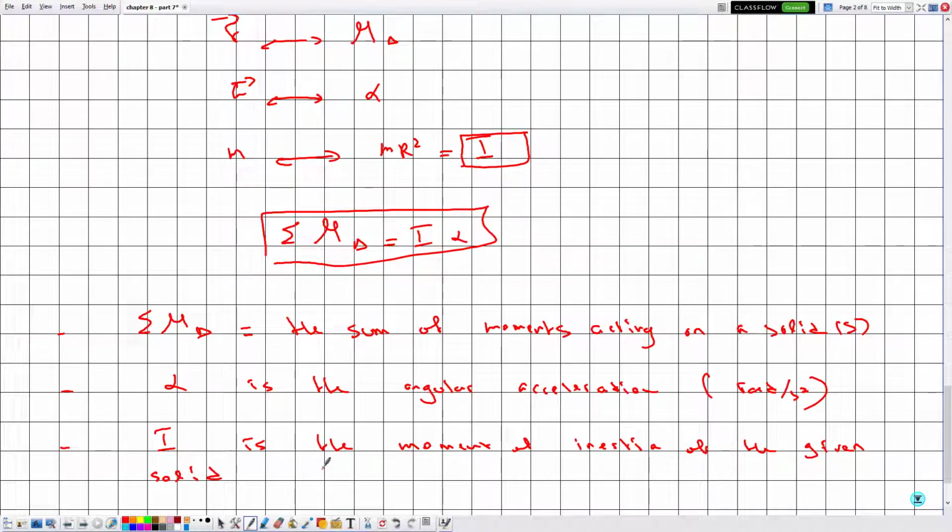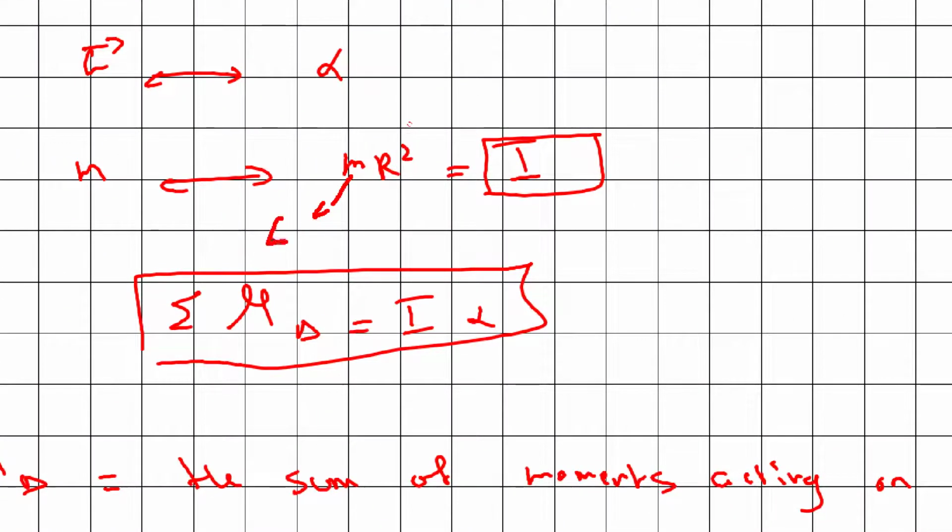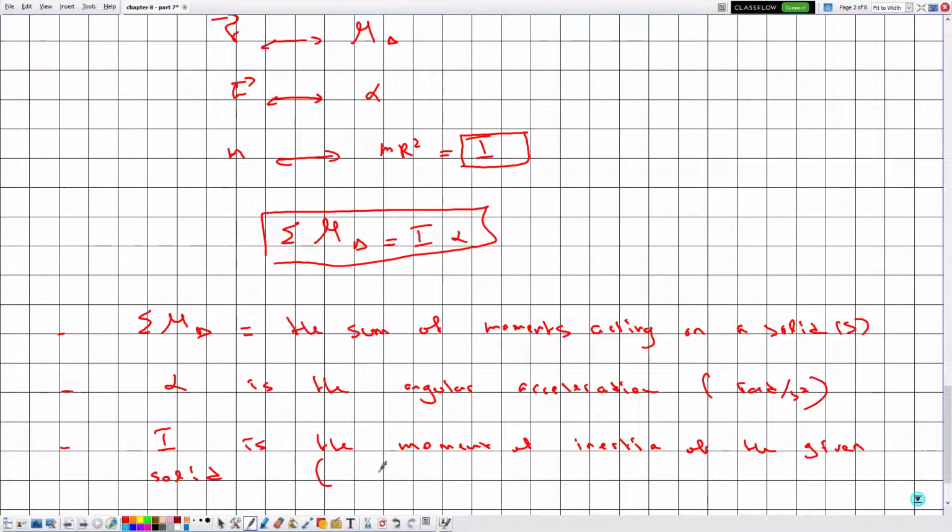And the unit of I is, let me check here, if this is kilogram and this is meter, then meter to the power 2. So this is kilogram meter square.